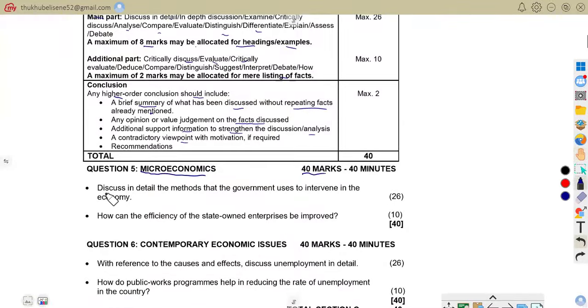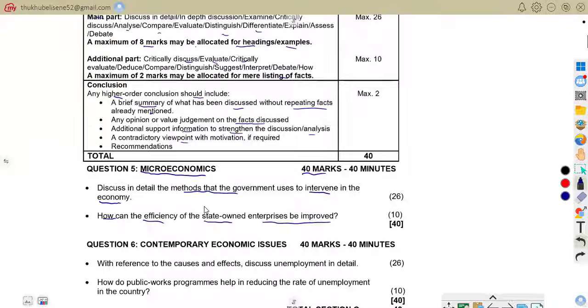Question 5: discuss in detail the methods that government uses to intervene in the economy. And again, how can the efficiency of the state-owned enterprise be improved? These are the two aspects that you're going to write your essay on.